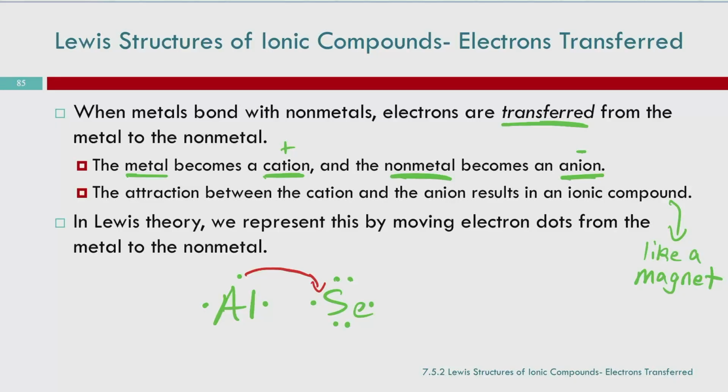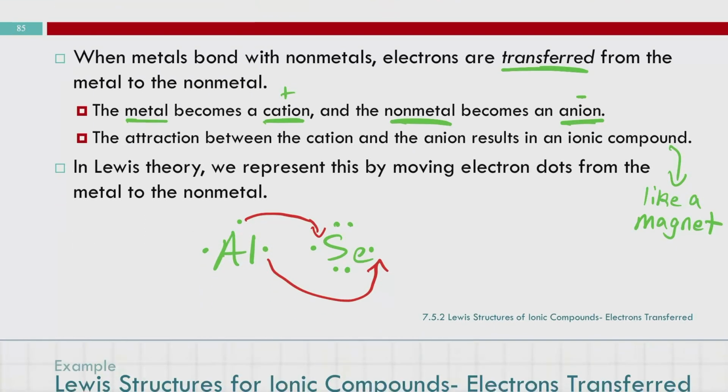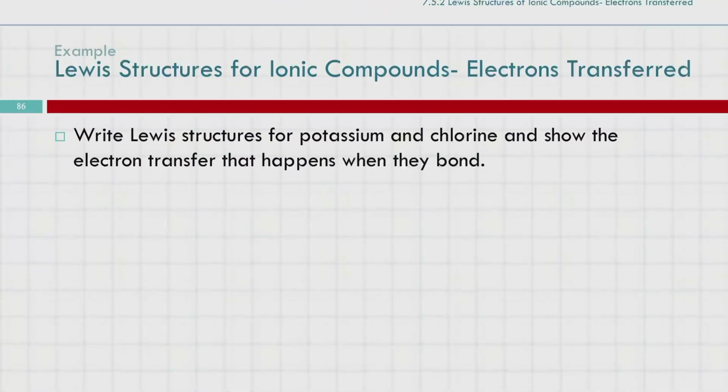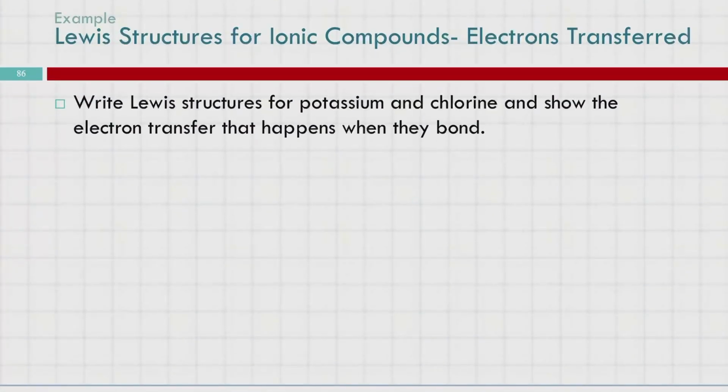We transfer electrons, like the example at the end of last lecture. Since we did an example last time, I'm going to give this to you as an exercise. Please write Lewis structures for potassium and chlorine and show the electron transfer that occurs when they bond.